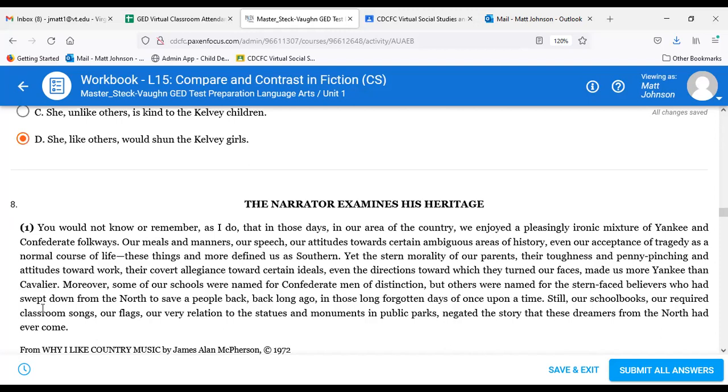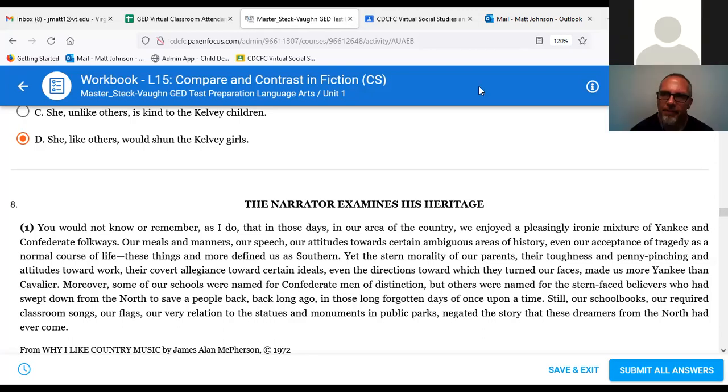Grace, could you read this paragraph for us? Narrator examines his heritage. You will not know or remember, as I do, that in those days, in our area of the country, we enjoyed a pleasantly ironic mixture of Yankee and Confederate folkways.